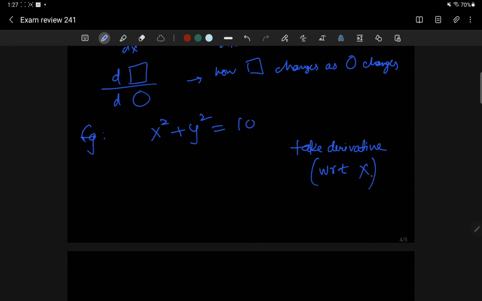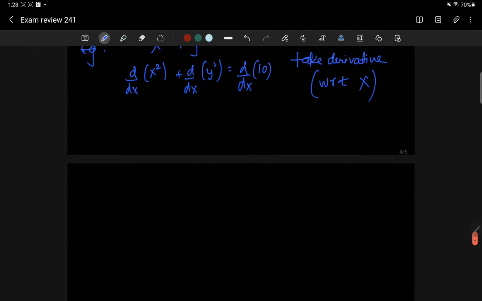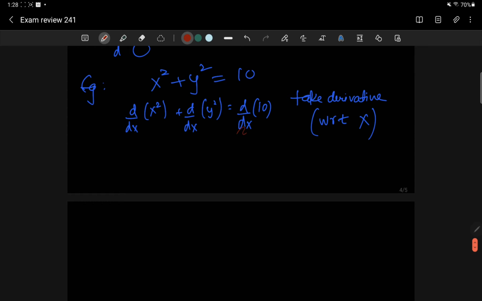So I want to see how the things on the left side of this equation and the things on the right side of the equation change with x. So symbolically, that means I'm doing d over dx of x squared, d over dx of y squared, and d over dx of 10. Now this right part is simple, right? 10 doesn't care about x. Whatever you do to x, 10 is going to remain 10. So what's the change in 10? Nothing. So it's 0.